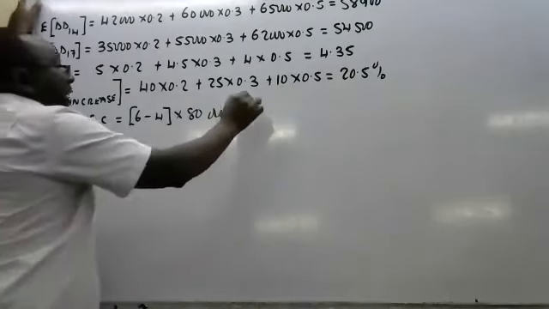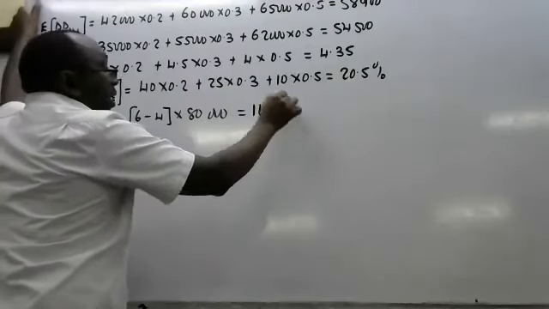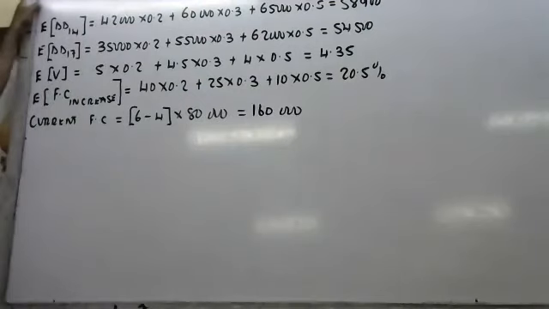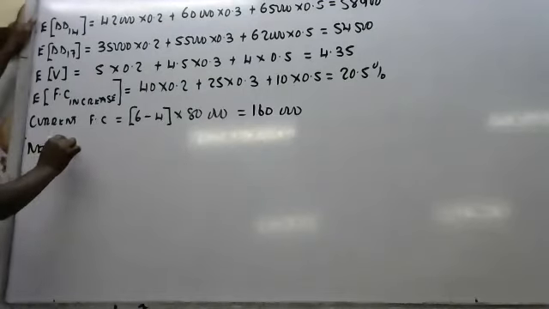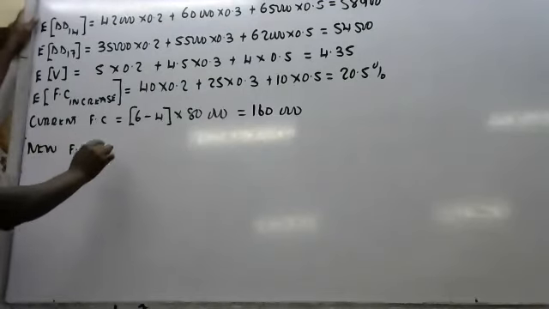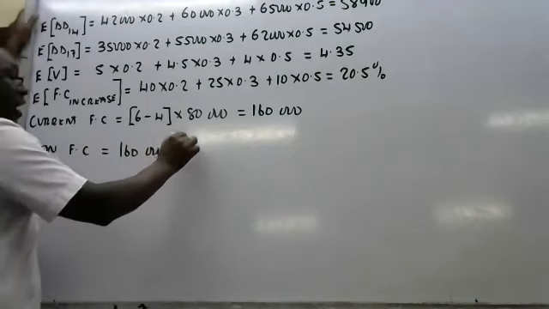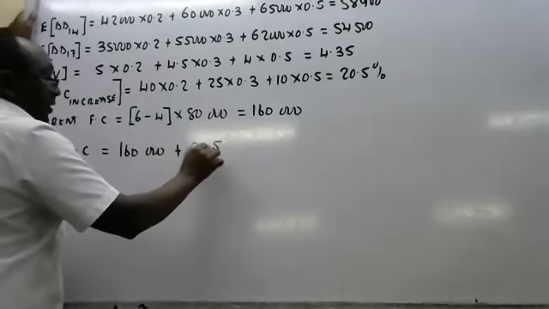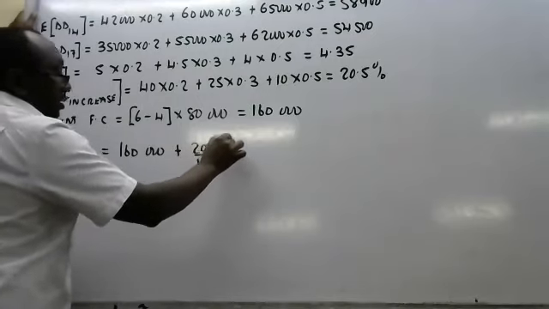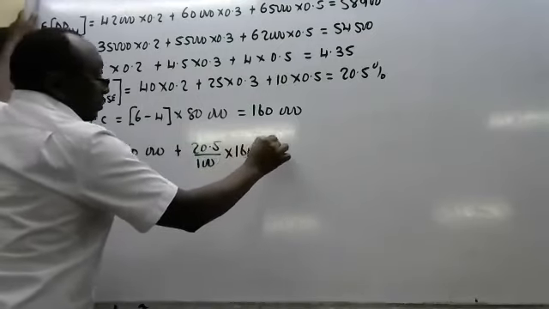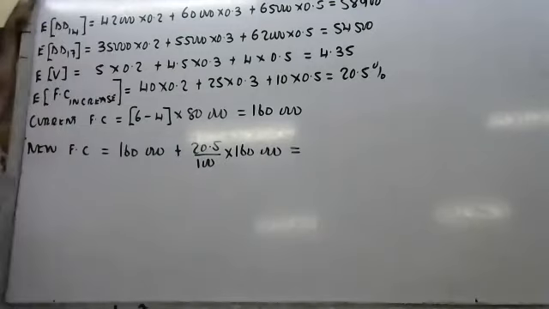That gives us 160,000. So the new fixed cost will be 160,000 plus it can go up by 20%.